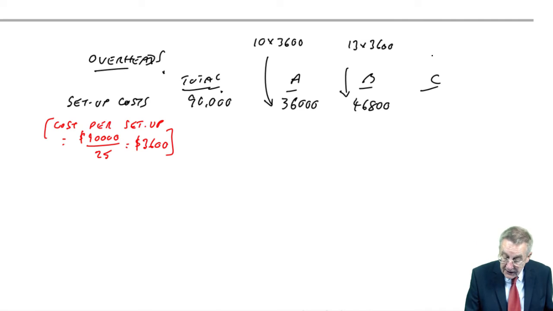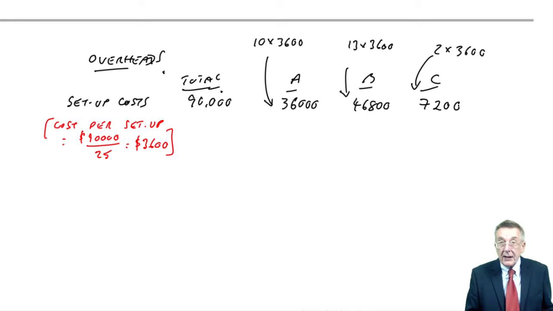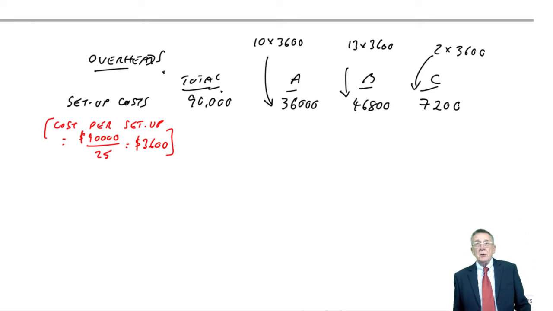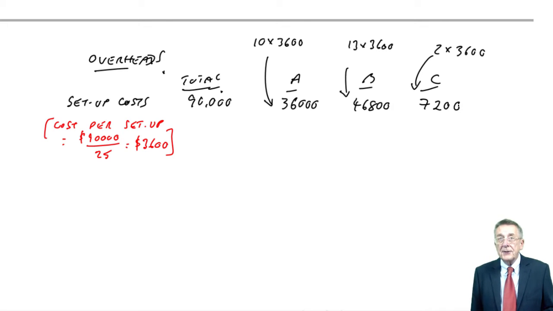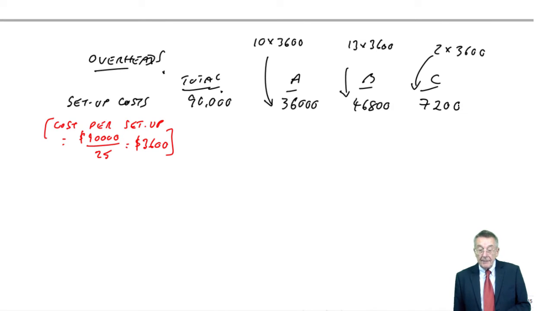And similarly, we're finding a C. 2 setups at 3,600 is 7,200. Now, I said a minute ago, ultimately we want a cost per unit. We will sort that out later. But for the moment, I'm simply sharing the overheads between the various products in what seems the most suitable way.